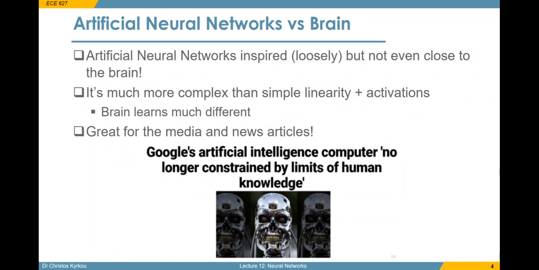Artificial neural networks learn much differently than biological networks. And they have a lot of different properties, like, for example, they are slower than the human brain, more compute intensive, and need many more examples to learn compared to the human brain.